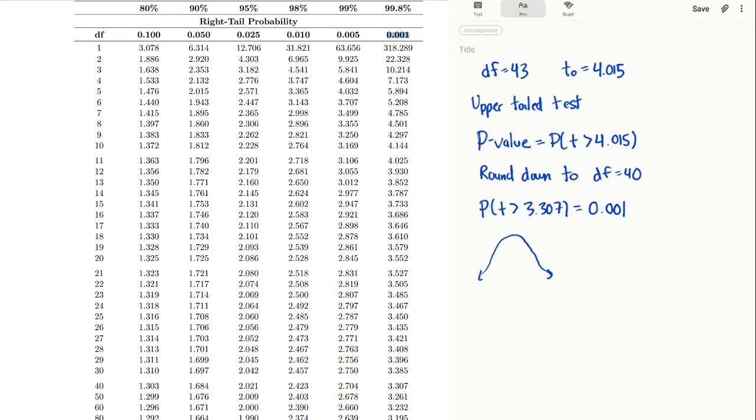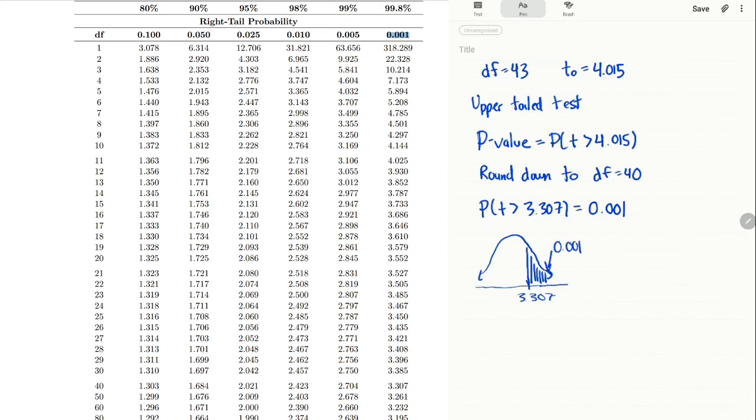We're given that the area to the right of 3.307 is equal to 0.001.